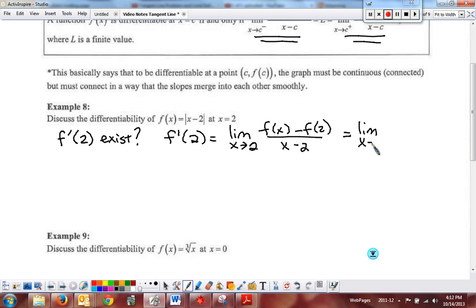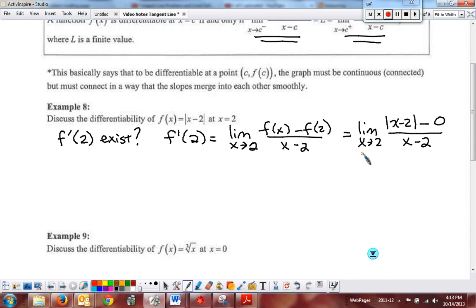This will be the limit as x approaches 2 of absolute value of x minus 2 minus f of 2, 2 minus 2, 0, basically, over x minus 2. And then I'm going to pause here and go, wait a minute, that's piecewise. And whenever you have piecewise, remember you have to do the left and the right limits separately.